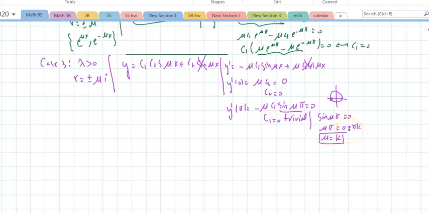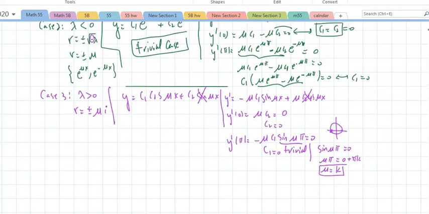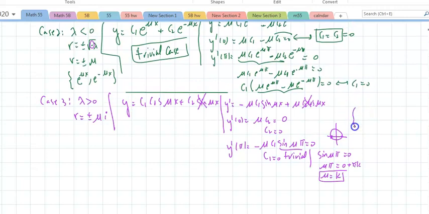So here, if I really wanted to match what I did up there, we are going to say the eigenvalue is going to be lambda sub k equals, and remember how lambda works? Let's go back.